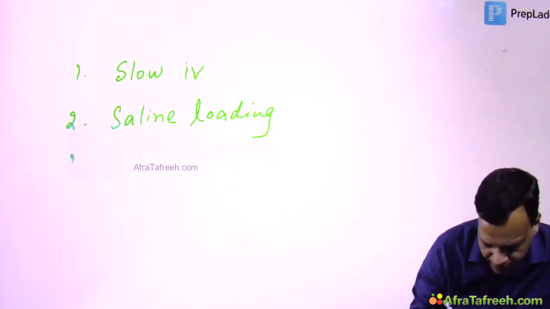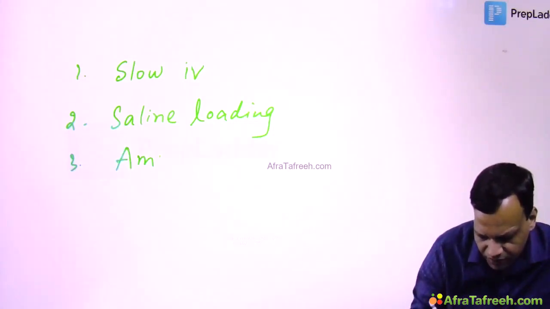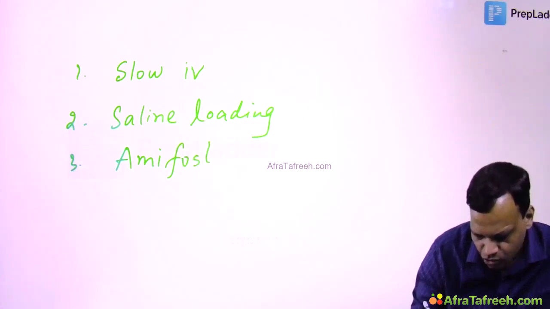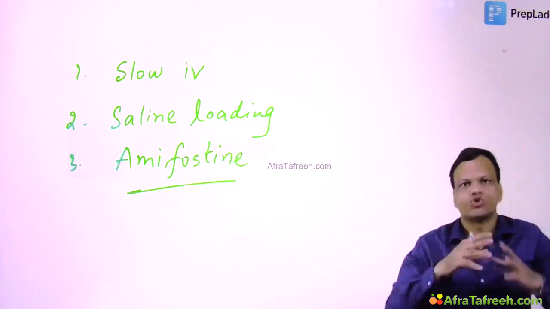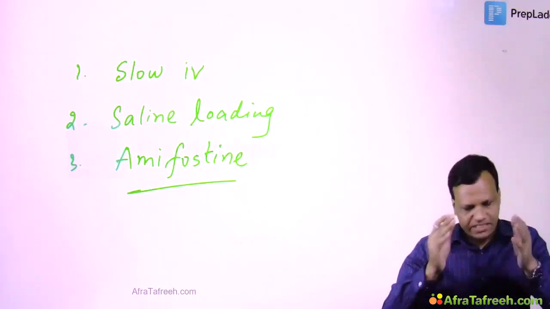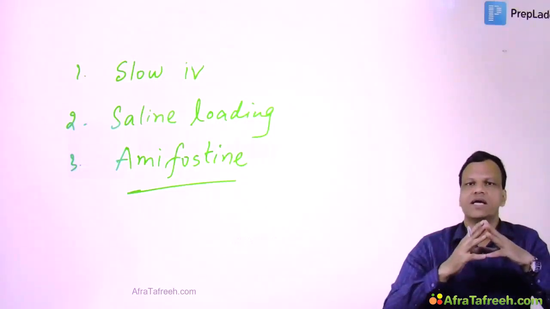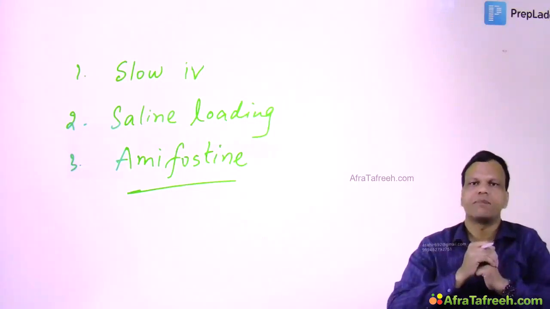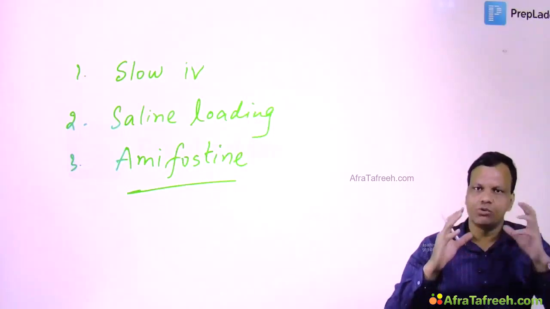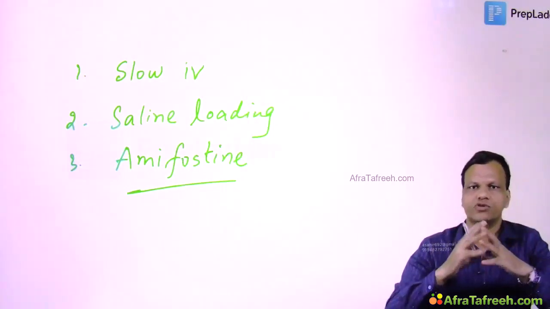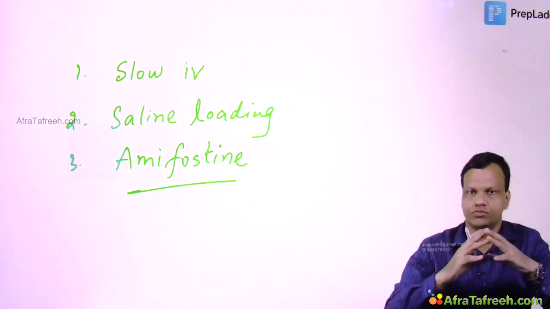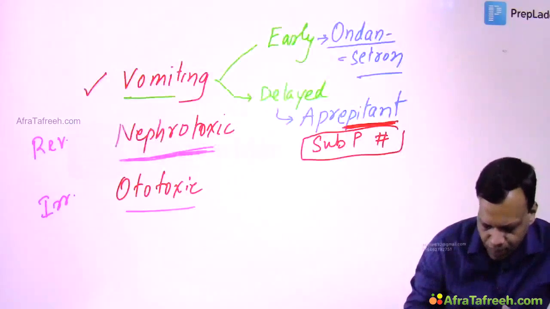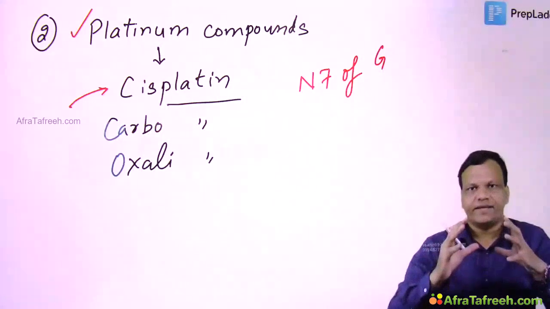And third, one drug can be used which is called amifostine. So amifostine can be used to prevent nephrotoxicity. The second important use of amifostine is to prevent xerostomia due to radiation. It can prevent radiation induced dry mouth. So it is a radio protector also. So these are the important points regarding cisplatin.